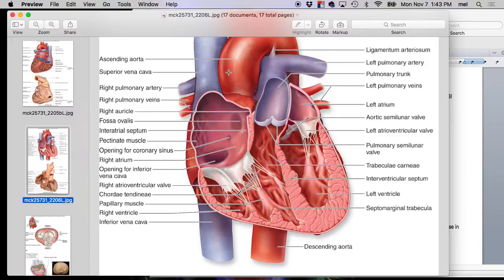They try to flow from high pressure to low pressure. So I got a bunch of pressure in the arteries and very little pressure in the ventricles, and it tries to flow backwards. But look at the cups. What happens? It gets caught in the cups and closes the valve. Right? Does that make sense? So they open and close due to pressure changes.